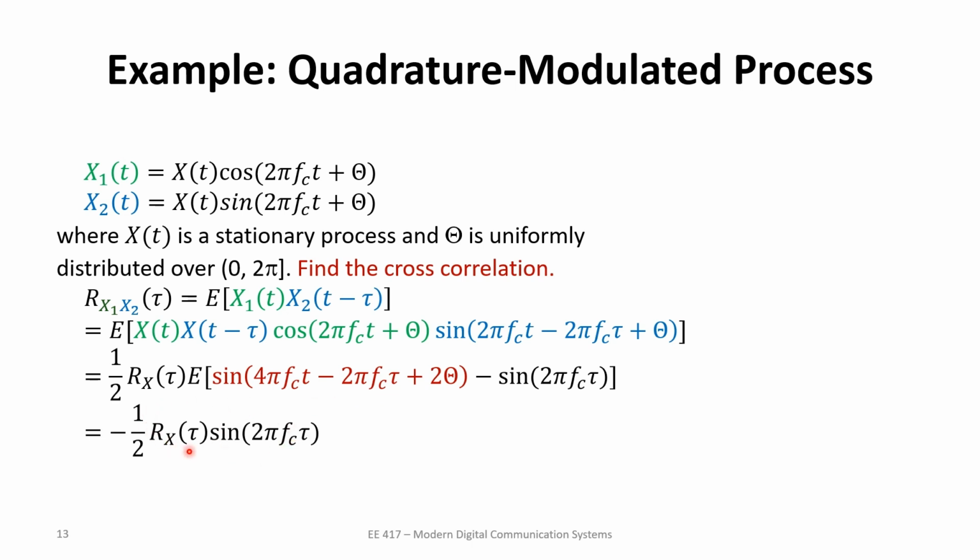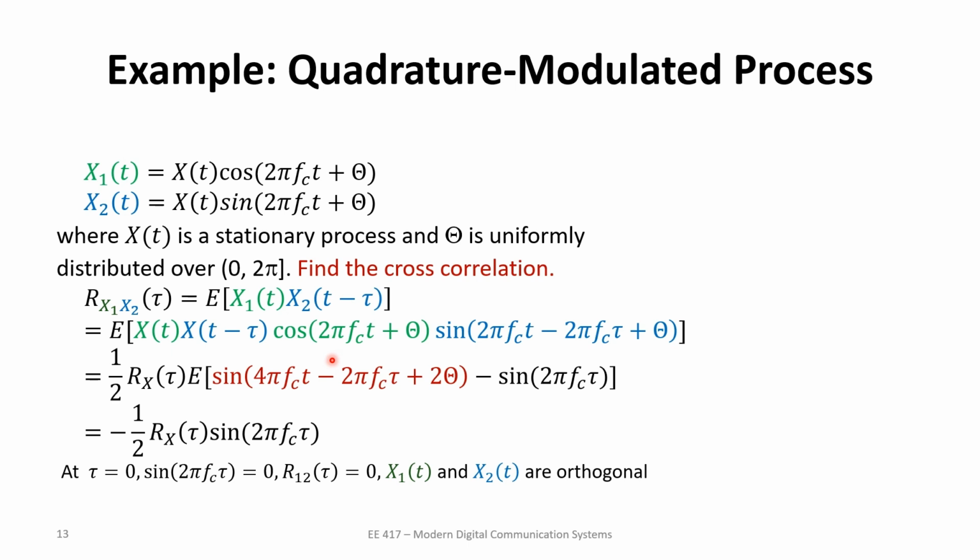So the cross correlation between two processes multiplied by cosine and sine is the same as the original, but scaled by -1/2 and then multiplied by sine, depending on the time difference. If tau equal to 0, then we'll get 0, because cosine and sine are orthogonal. But if tau is any other number, we'll have a different cross correlation.